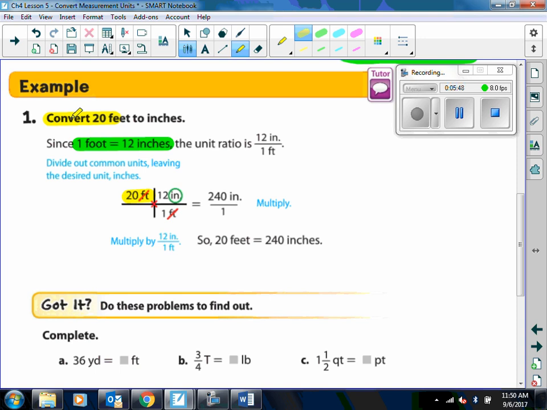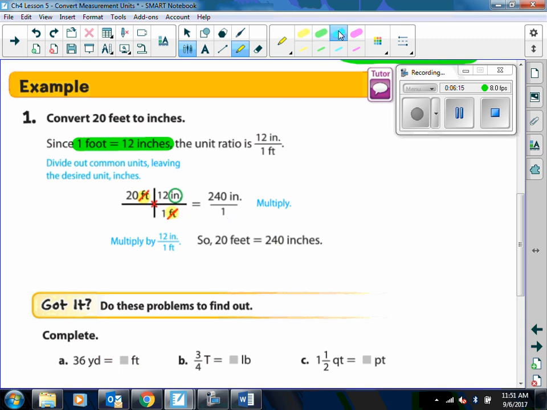So we're starting with 20 feet. That goes in the top left-hand corner. Now, the conversion factor is 1 foot to 12 inches. So here we want to put feet in the table so that feet will cancel and we'll be left with inches. So in that case, because feet is in the numerator, we're going to put feet in the denominator so that they can cancel out.